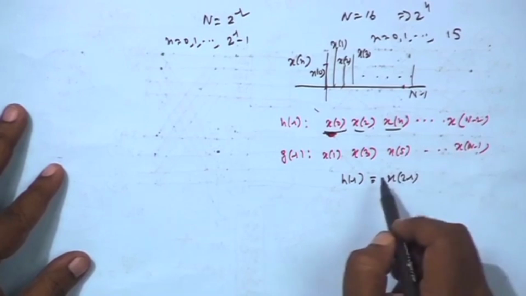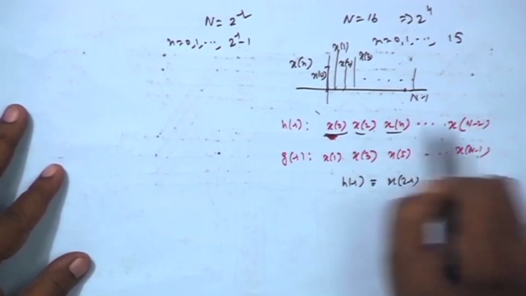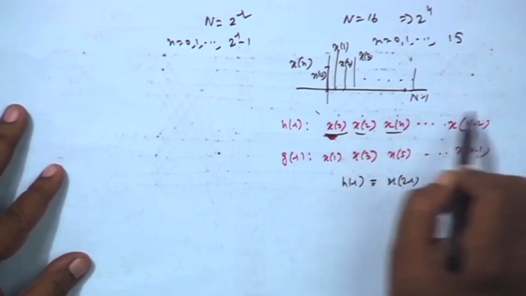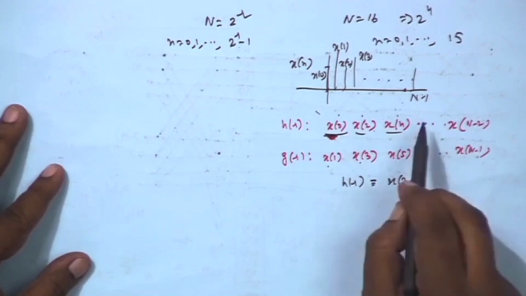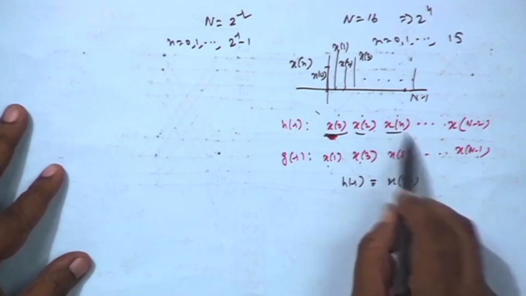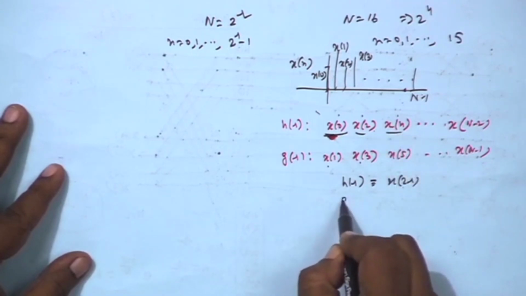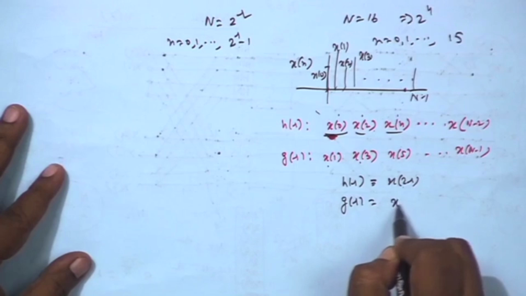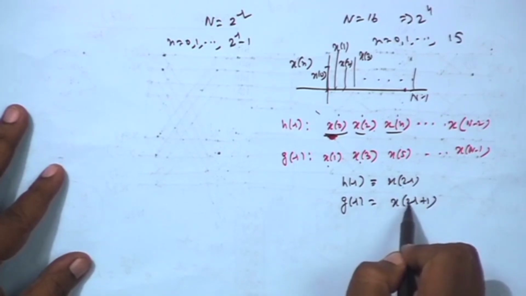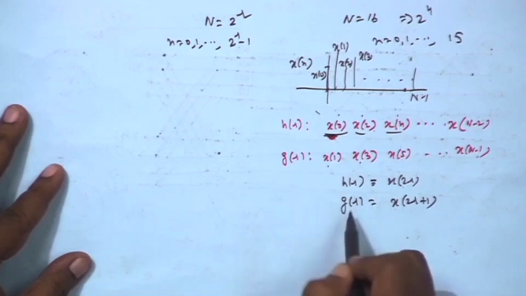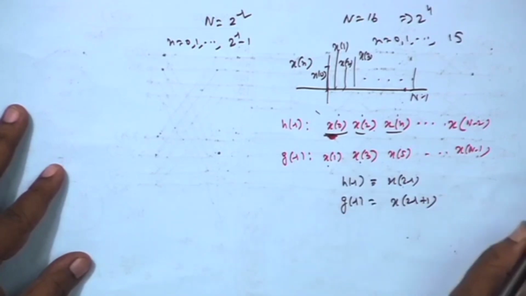And how many do I have? N by 2 elements here. So this is 0th, first, second up to n by 2 minus 1, again 0th, first, second up to n by 2 minus 1. So the rth element HR is original x 2 r, and GR is original x, not just 2 r, but 2 r plus 1. Like if r is 0, G 0 is x 1, G 1 is x 3.